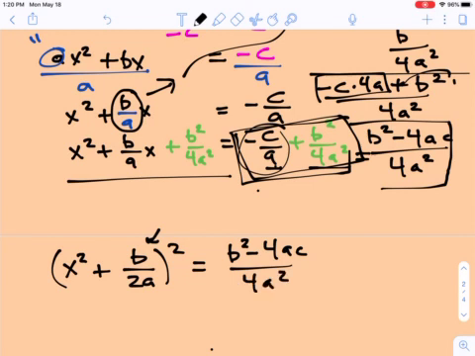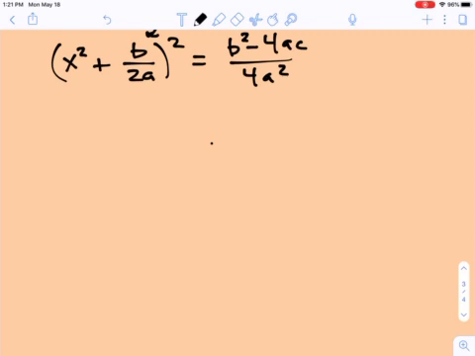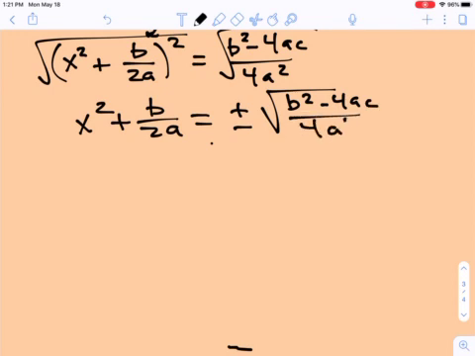Well, now what we're going to do is take the square root of both sides. All right, so if I take the square root of both sides of this, I get x squared plus b over 2a equals, and this is where we have plus and minus because we took the square root, b squared minus 4ac over 4a squared.